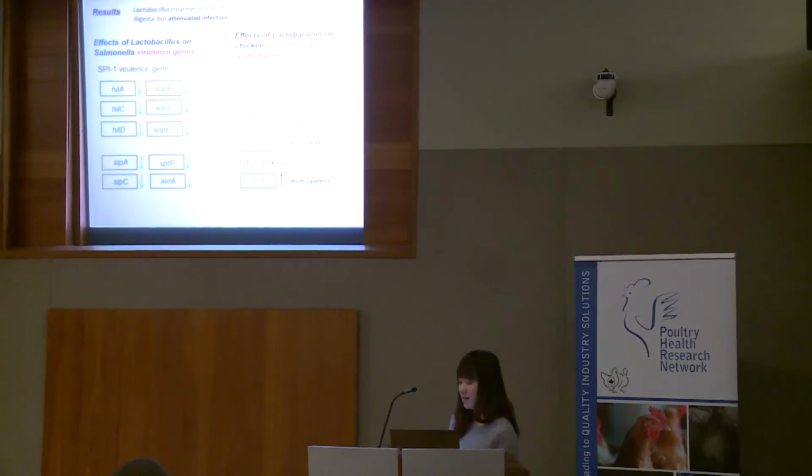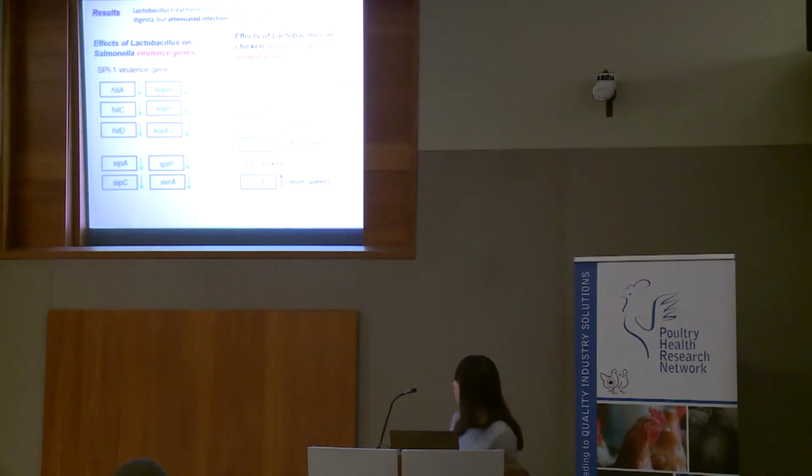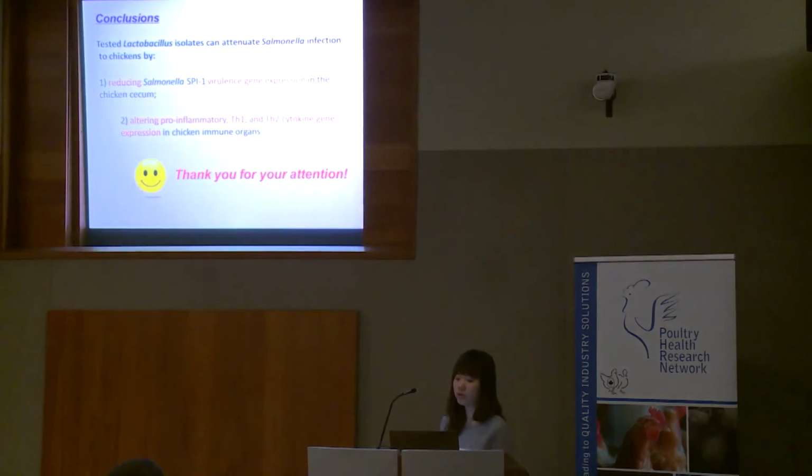And for the Th1 cytokines, interferon gamma in cecum and tonsil, and interleukin-12 in ileum and spleen, were upregulated by the Lactobacillus treatment. But for the Th2 cytokine, interleukin-4, from the local ileum to the systemic organ spleen, was upregulated due to the Lactobacillus treatment.